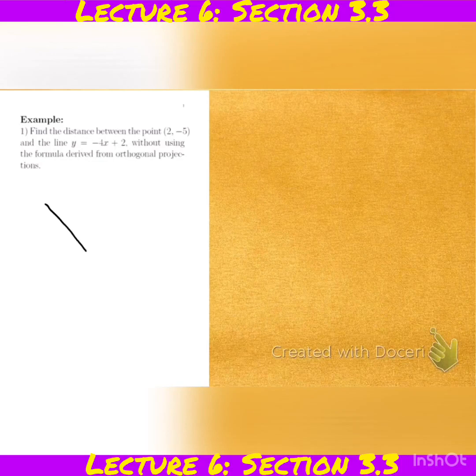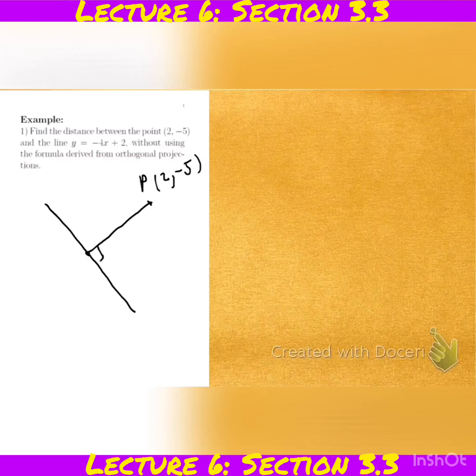you've got your straight line there. This is the line y equals minus 4x plus 2. What we want to do now is look at this point, and we'll call it the point P. We want to find the distance between this point and the straight line.